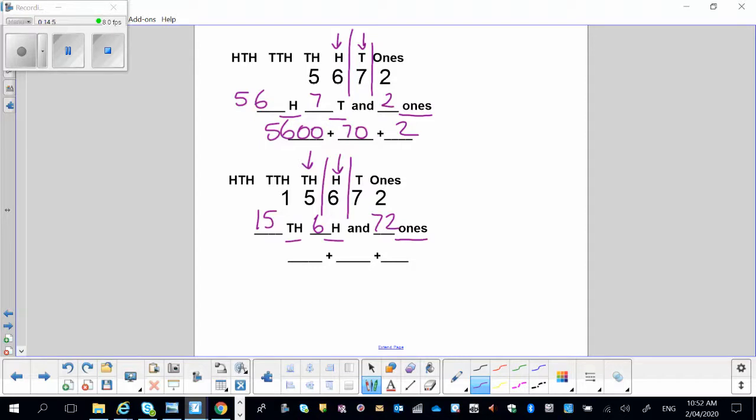I can now write that down as an expression. 15,000 is 15 with 3 zeros. I put in 3 zeros to show that it's thousands. For 600, I write down the 6 and put in 2 zeros to show that it's hundreds, and I then record my 72 ones. So my partition for 15,672 is 15,000 plus 600 plus 72.